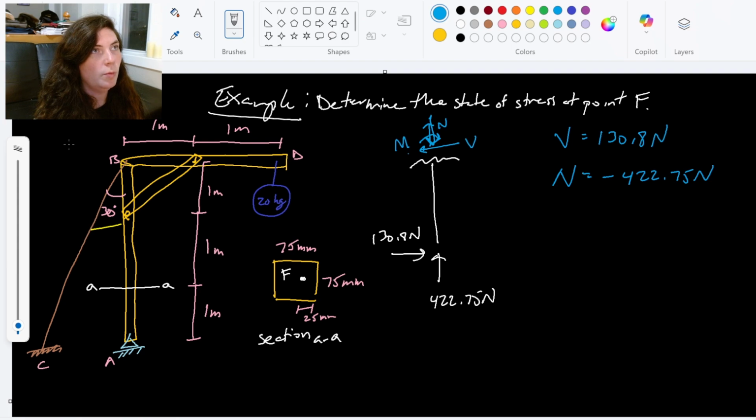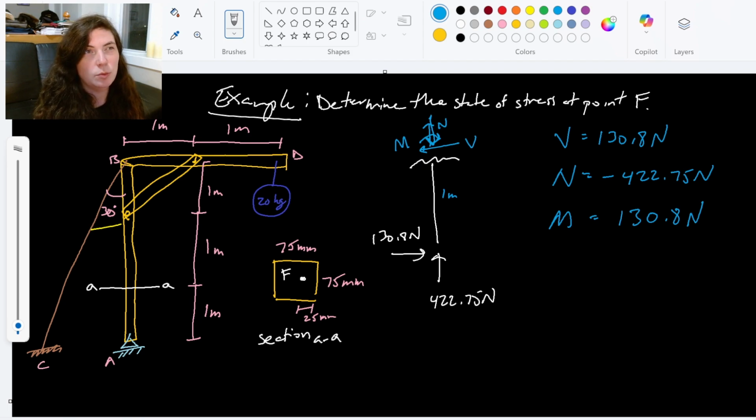And then for my moment, the only thing contributing to my moment is this 130.8 newtons. And that distance is 1 meter away. So again, very easily, luckily I've drawn this in the correct direction, so it's going against the existing moment. 130.8 times 1, it's 130.8 newton-meters.